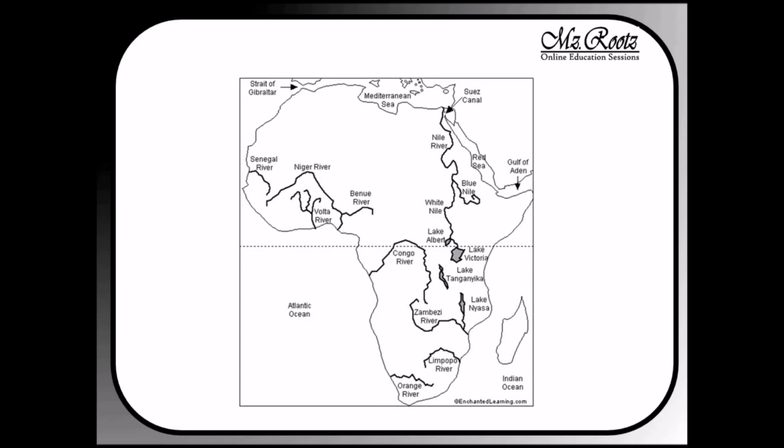If I take my arrow, you can see that each river has an entrance from the sea. Can you see that? If you take a look at all the rivers, the entrance is from the sea.